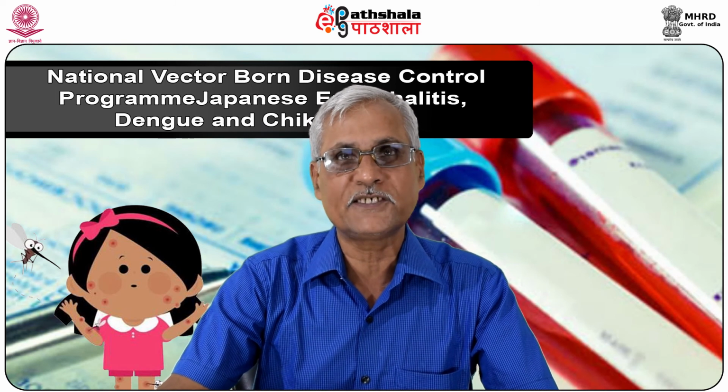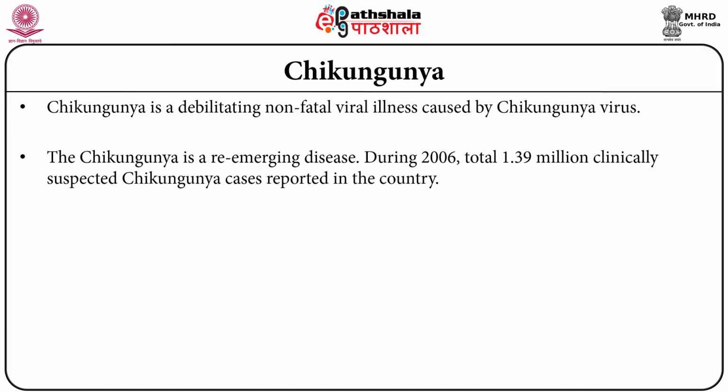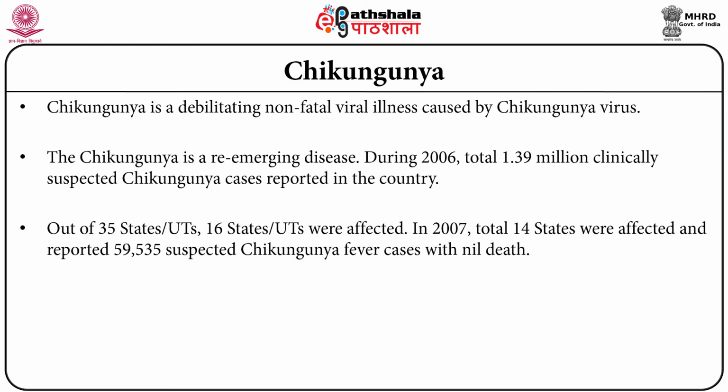Kalajar has a long history of drugs: urea stibamine, sodium stibogluconate, then amphotericin B. Miltefosine is a very effective oral drug which can be given for 28 days. Indoor residual spray with 50% DDT for vector control twice a year has been considered another important initiative in this direction.